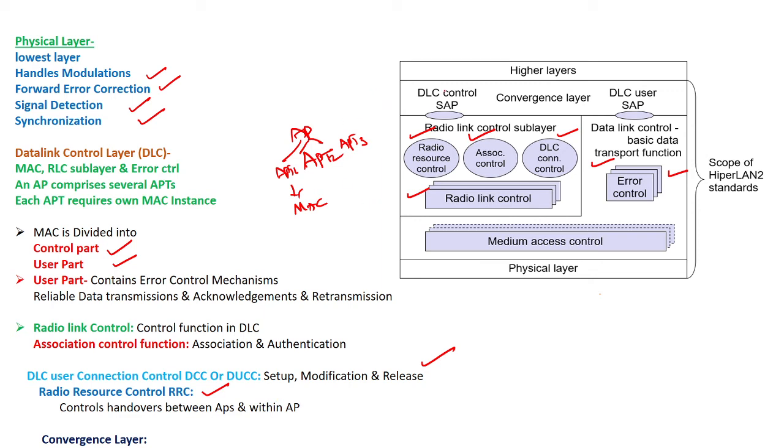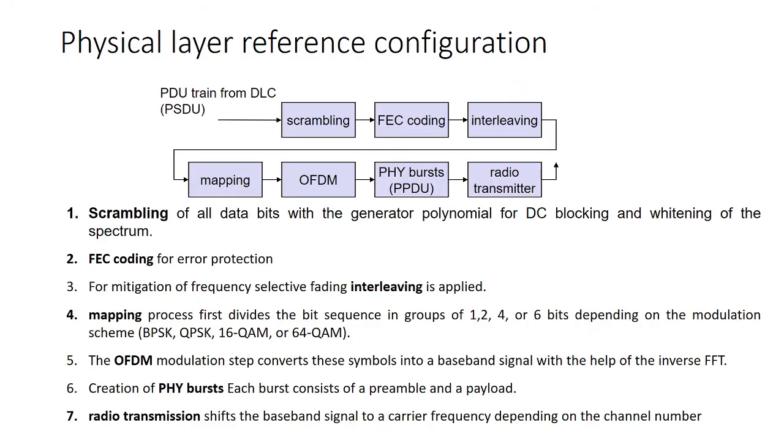Next is the convergence layer. Here you have the DLC control SAP and DLC user SAP with respect to the higher layers. Next is the physical layer reference configuration. Here the protocol data unit, PDU, will be taken as a train from the DLC, the data link control layer.